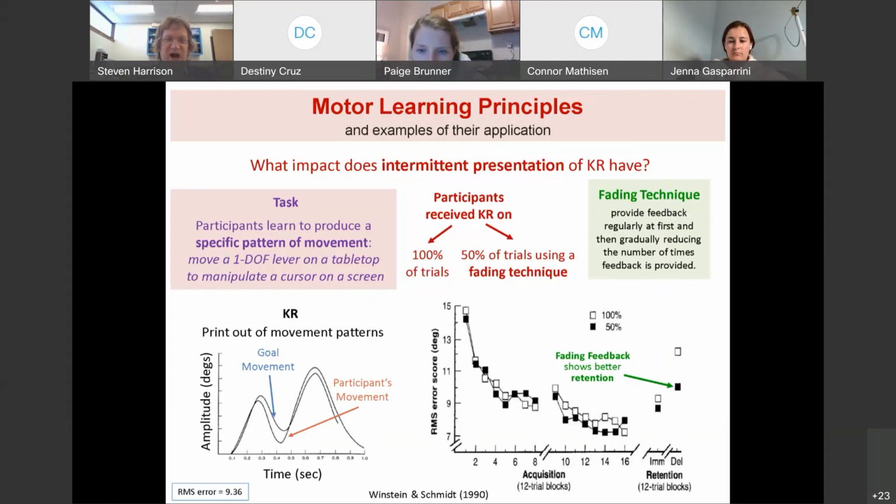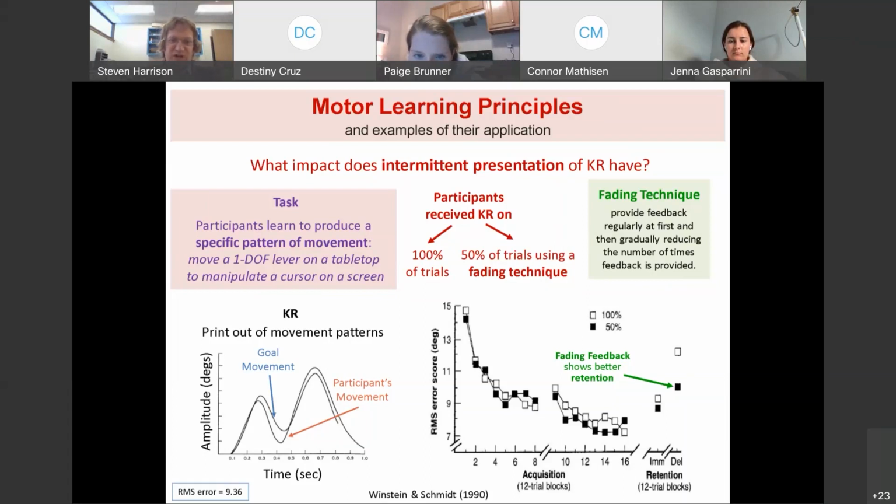So on the graph on the right-hand side, the higher the score, the greater the deviation away from the ideal. We've got two different lines here, the 100% and the 50.